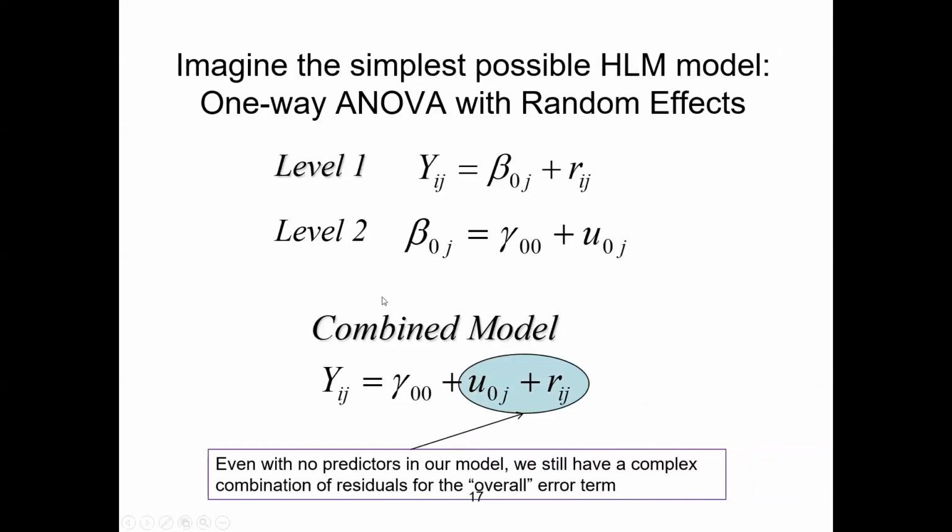Even with no predictors, we still have this complex combination of residuals that gives us the overall error term. It's the residual structure that separates multi-level or mixed models from normal linear regression models. So already here with no predictors, we have a multi-level model, and we're doing something we couldn't have done last semester in multiple regression.